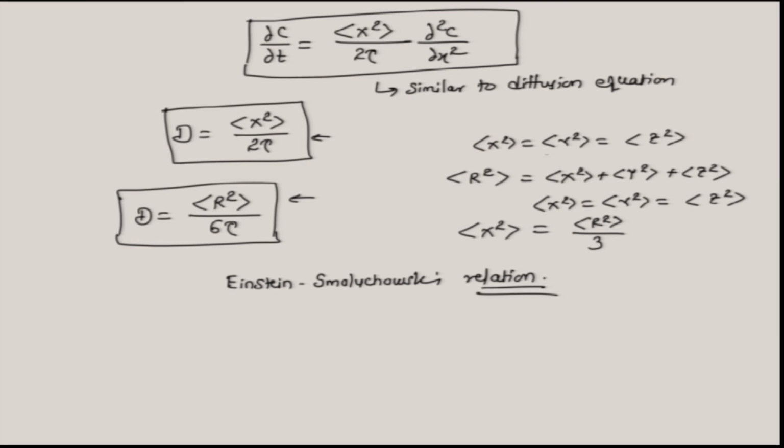and this clearly establishes the physical significance of the term diffusivity. And what is it? If you want to describe the physical significance, it is the mean square displacement per unit time.